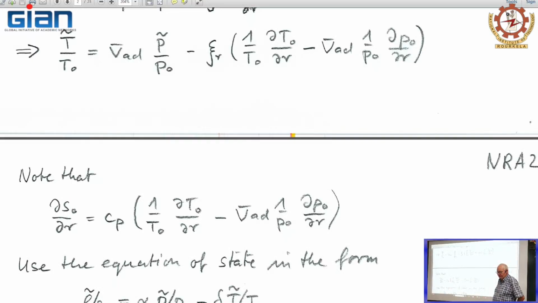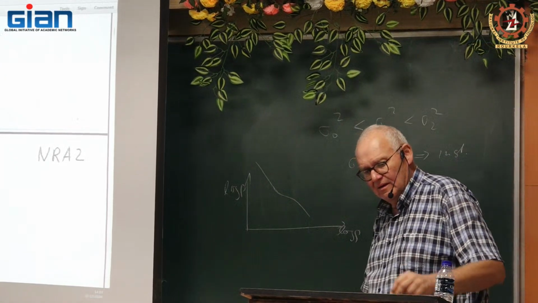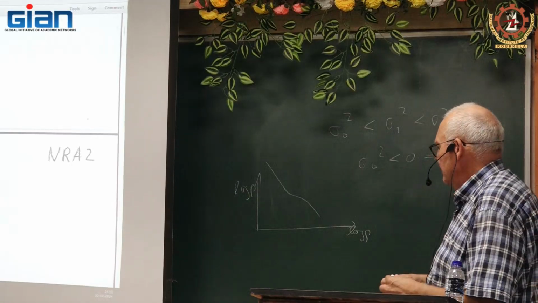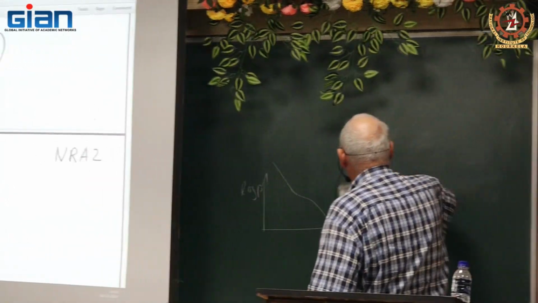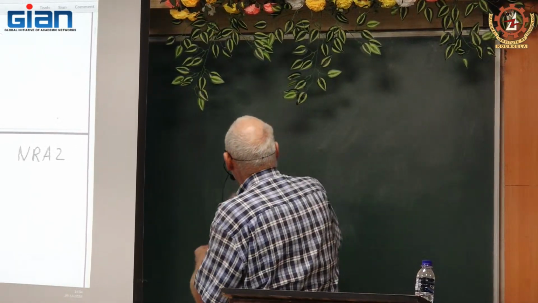We could also have written delta S equal to 0 and then relate the Lagrangian perturbation of the entropy and the Eulerian one, and they differ, of course, by the Lagrangian displacement and the gradient of the entropy. Maybe I should write it down here. Delta S equal to 0.